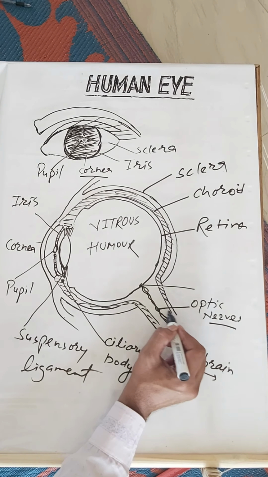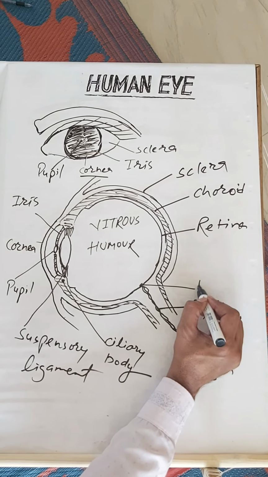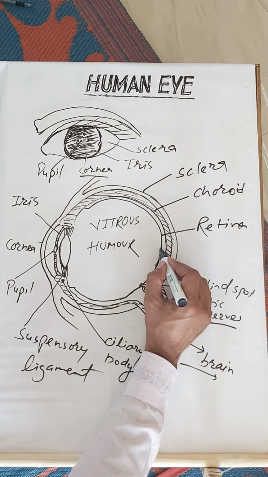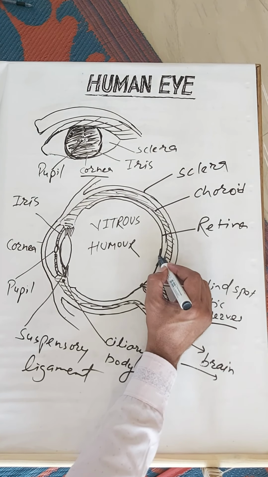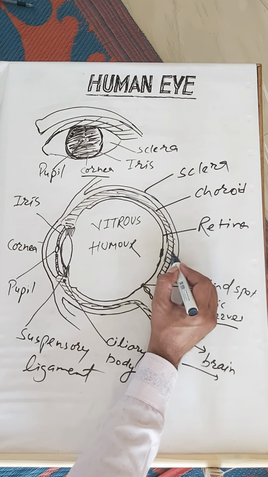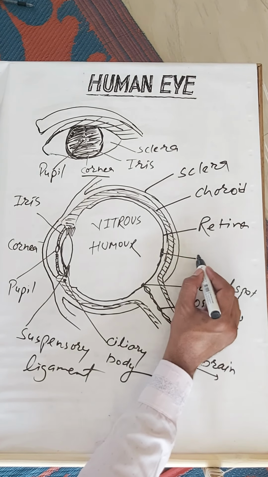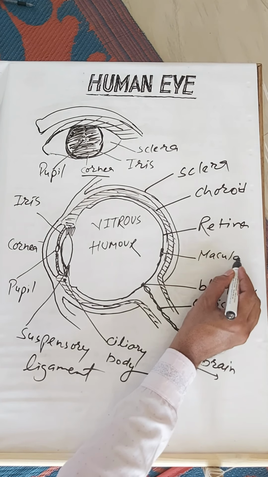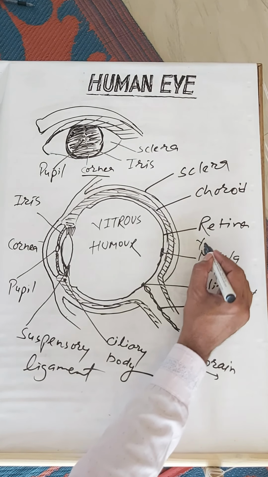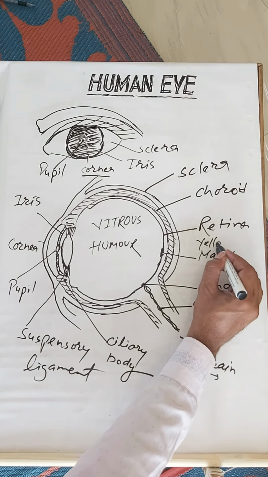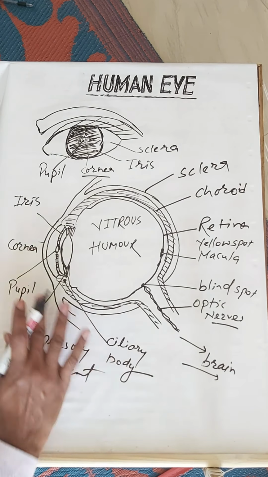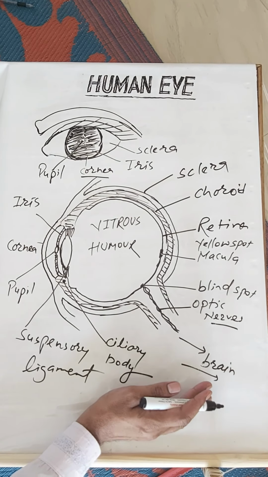Okay, head of the optic nerves, this is blind spot, and here at the retina one more region is present, the functional center of retina. This is macula. We also call it yellow spot. Okay, so these are the parts of eye.